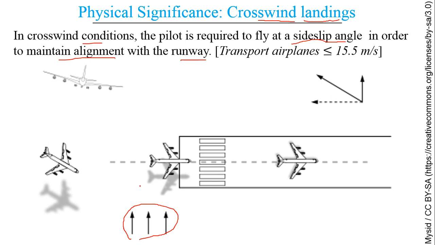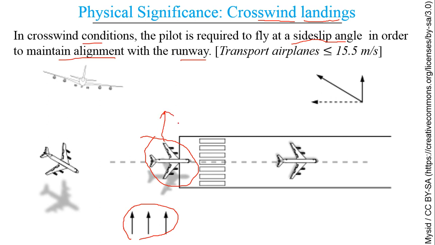If the pilot doesn't induce the side slip angle and compensate it with the yawing moment, and the aircraft isn't generating the restoring yawing moment, the aircraft will be drifted off the runway.